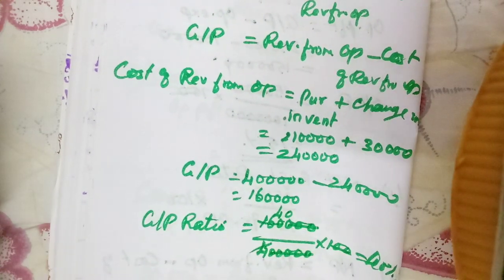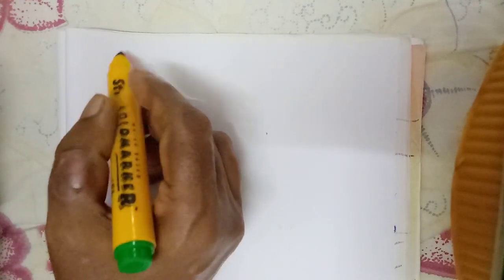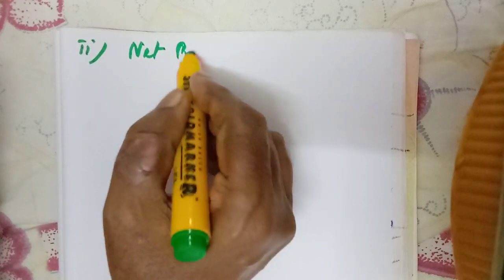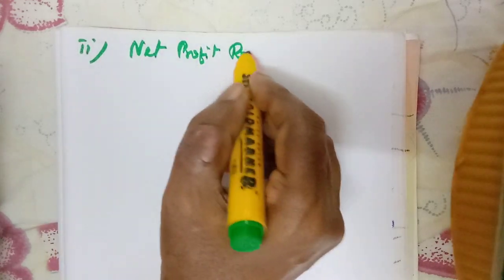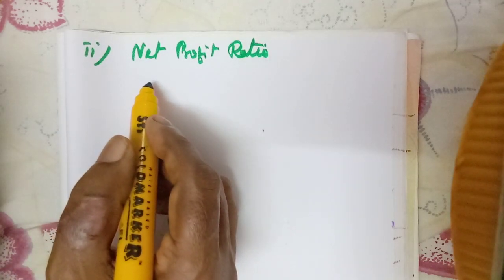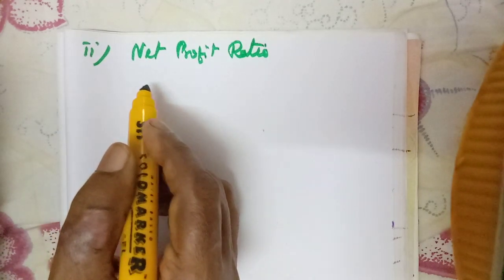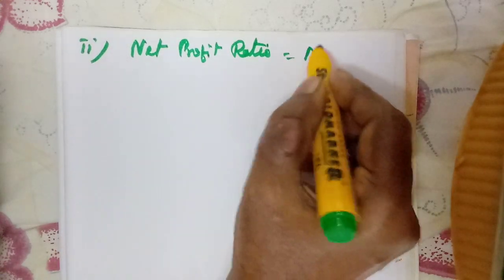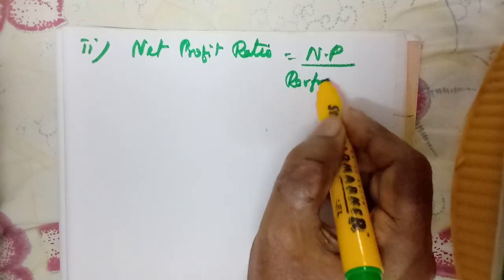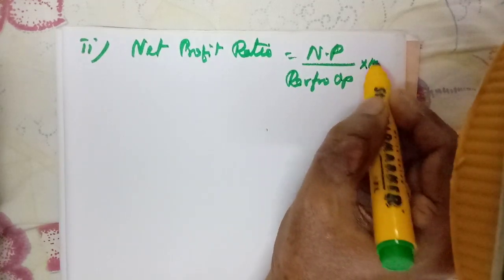Then the next ratio, net profit ratio. Net profit ratio is very easy. No need to calculate anything. Net profit means in the statement of profit, the last item. Net profit divided by revenue from operation into 100 is the formula.